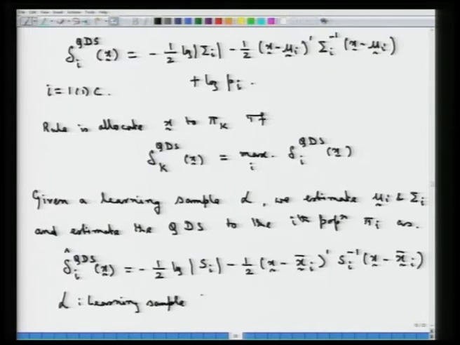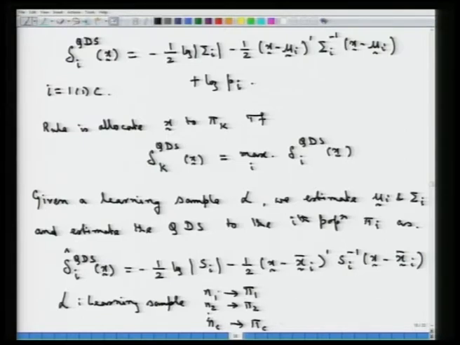Suppose in this learning sample we have N1 observations from the pi 1 population, N2 observations from the pi 2 population, and similarly NC observations from the pi C population.